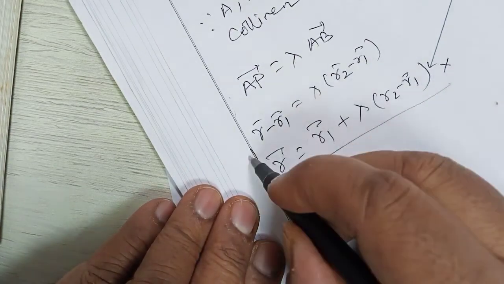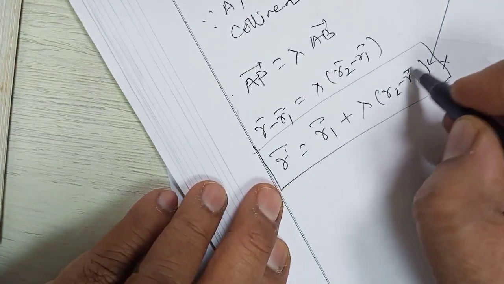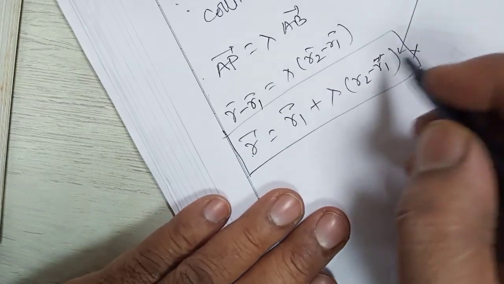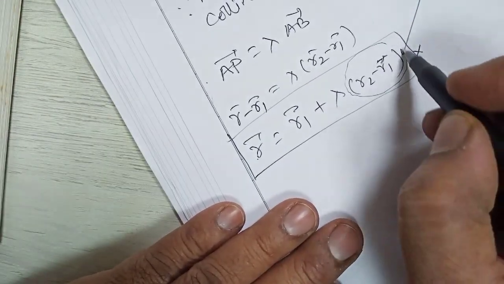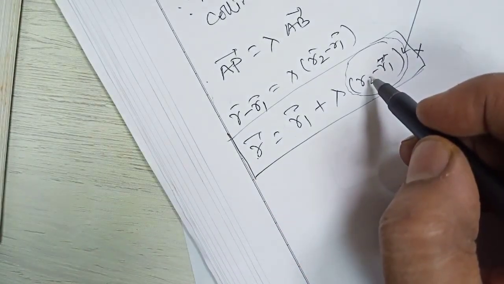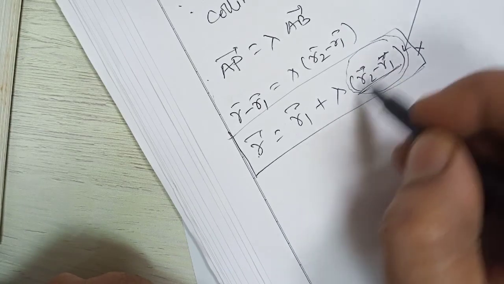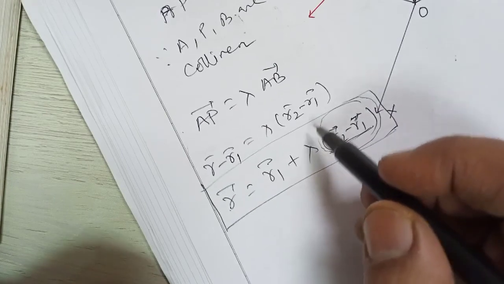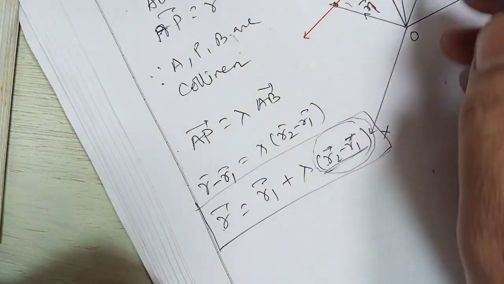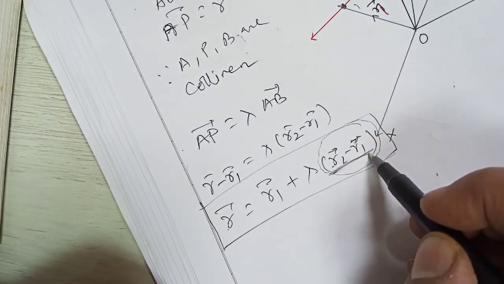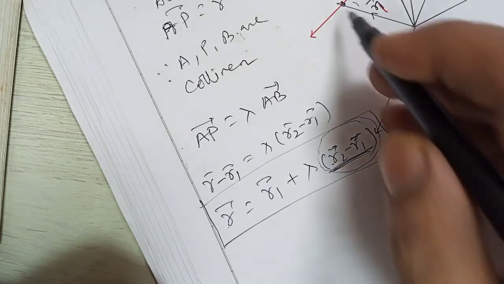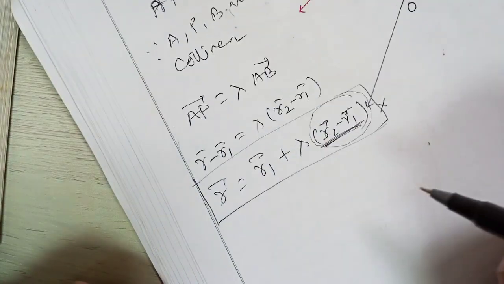So this is the equation of a line passing through two given points. It is just like the previous one. There, a vector m parallel to the line was given, so it remained m. Now the m vector is not given; two points where the line passes are given. By using the two position vectors, we find the vector, and again it is the same.